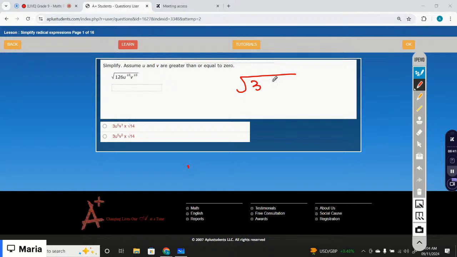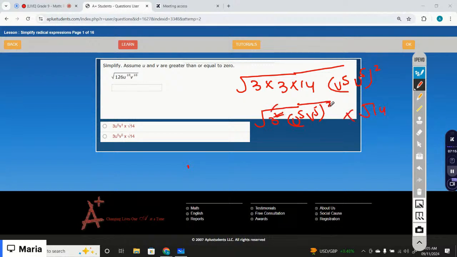That would be 3 times 3 times 14. Yes, that is 3 times 3 times 14, and you can write them as v5 and u5 exponent 2. So you can write it as 3 square u5 v5 exponent 2 and square root 14.